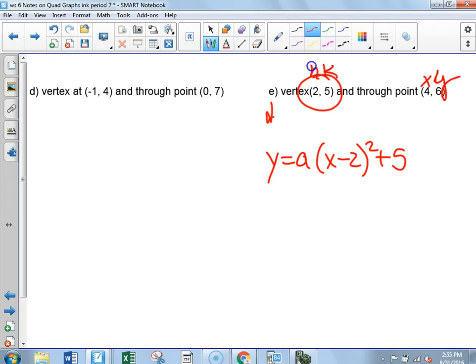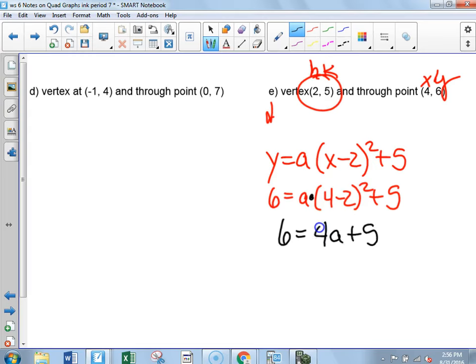I use this as h and k, which were a very special x and y, and then we have this x and y back here. And we have 6 equals, I'm going to move this a to behind this number. 4 minus 2 is 2. 2 squared is 4. So I have 4a plus 5. Now you can finish and find a. And then you just slide it back in here and you're done.